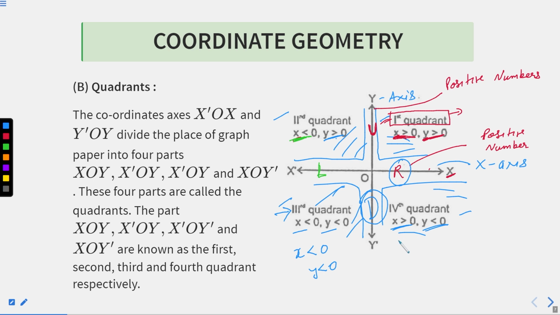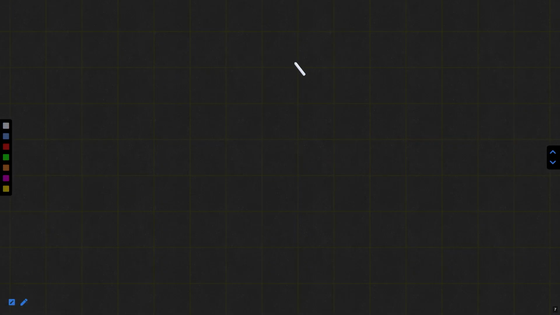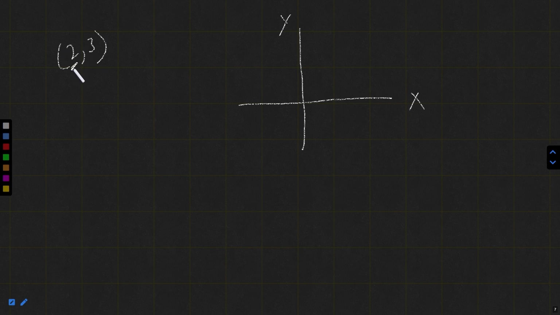Okay, clear? So if one asks you a question like, say this is my rectangular coordinate system, this is the x-axis, this is the y-axis. We know the ordered pair (2, 3), meaning 2 is taken on the x-axis.